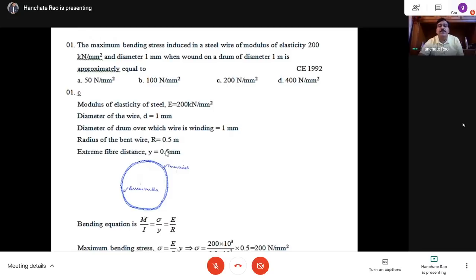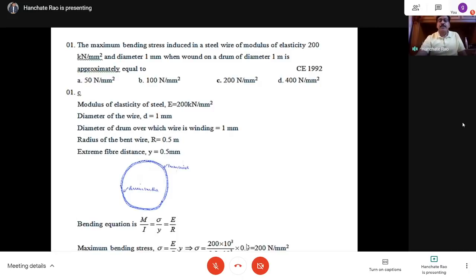So 0.5. So now you use the bending stress equation. M by I is equal to sigma by Y is equal to E by R. We want sigma. So sigma by Y is equal to E by R. So take sigma is equal to E by R into Y. E is Young's modulus given. R is 0.5 meters, so convert it to mm.